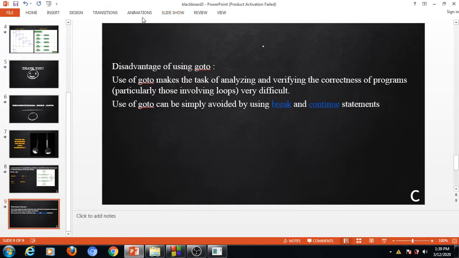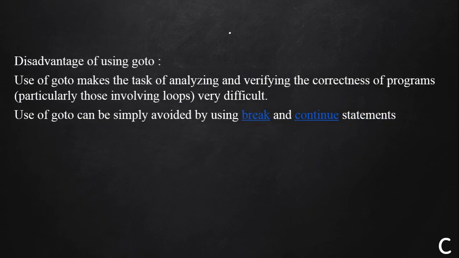Now we need to consider some disadvantages. This usage of goto is not usually preferable because it has certain disadvantages. The use of goto makes the task of analyzing and verifying the correctness of a program very difficult.